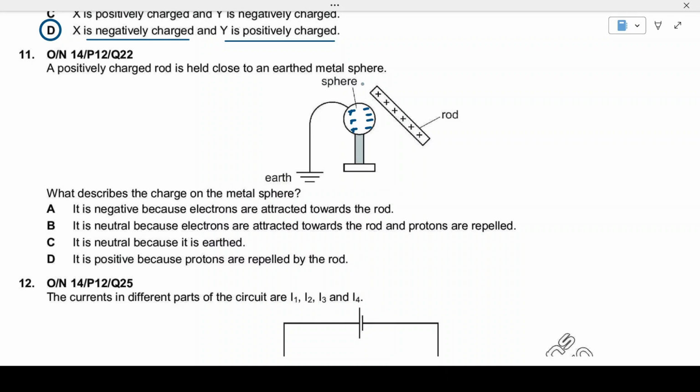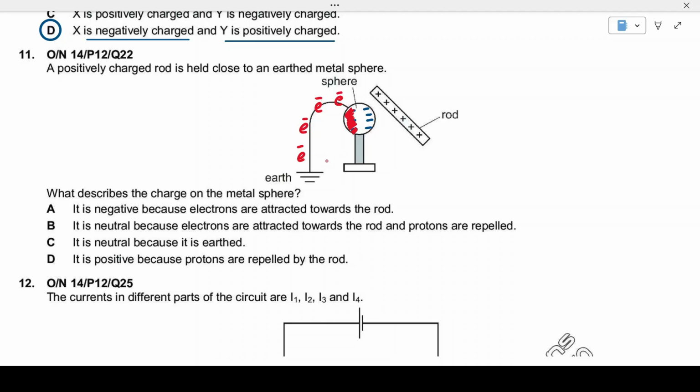And since the rod is still there, the side which is connected to the earth would be neutralized in such a way that electrons from the ground will enter the sphere and neutralize that side.